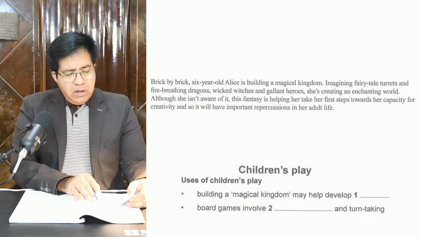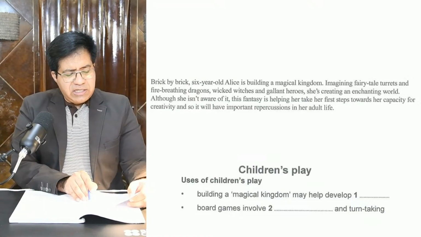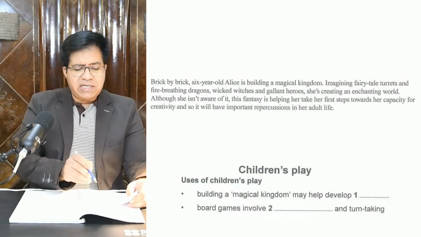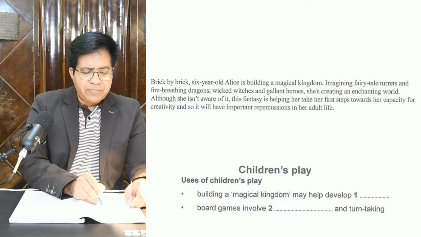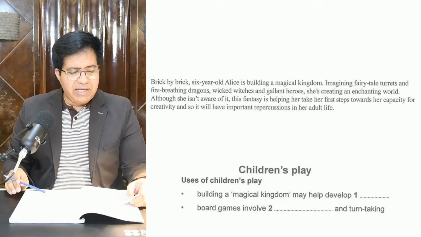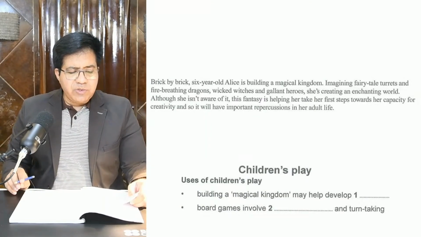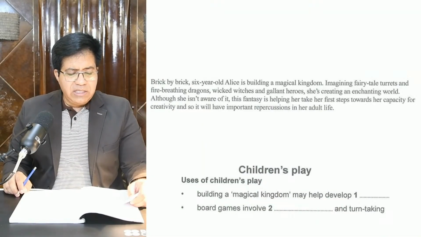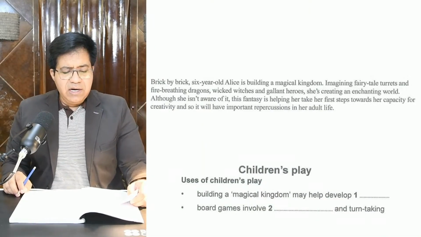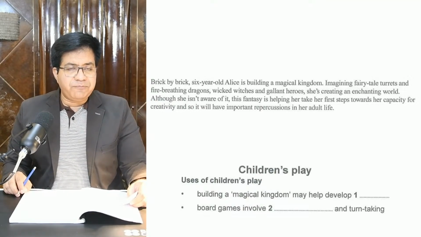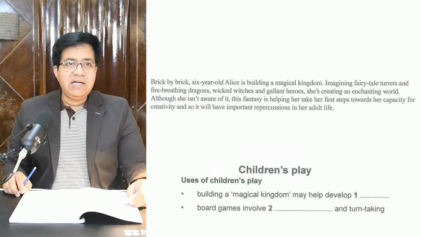She's creating an enchanting world, although she isn't aware of it. This fantasy, magical kingdom, is in the first line, by the way. Right? We need to see help develop something. So the synonym of develop will give us the answer. Second last line of first paragraph: although she isn't aware of it, this fantasy is helping her take her first steps towards her capacity for creativity.